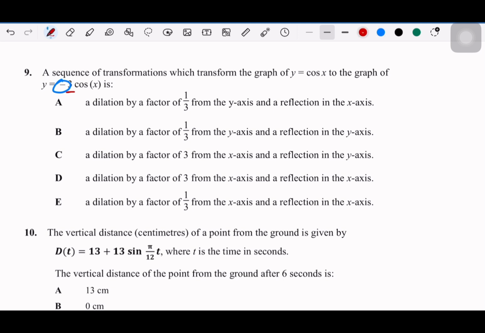So we can look for the answer: a dilation by factor 3 from the x-axis and a reflection in the x-axis, which is not here. A dilation by factor 3 from the x-axis and a reflection in the x-axis. So this is the one that we want, and so our answer is going to be D.